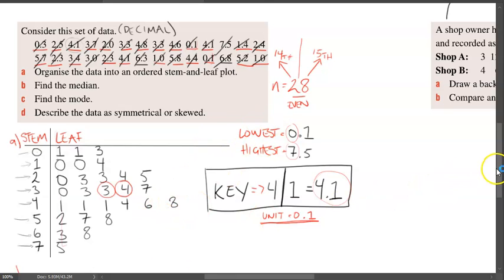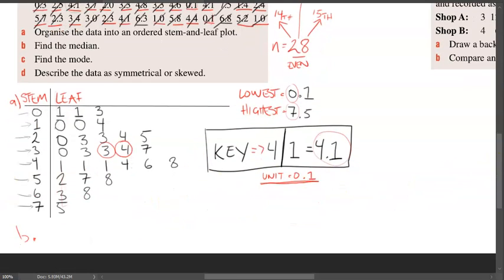So, to answer this question, we know that the median value lies in between 3 and 4. No, not 3 and 4, 33 and 34. Why 33 and 34? Because you gotta remember, the stem is 3, 3, and 3, and 4.